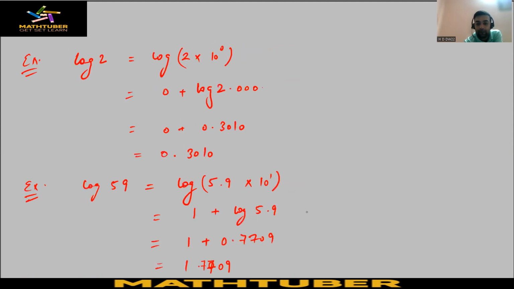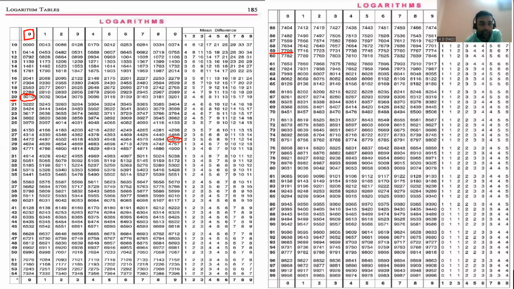So that was 17.43. So first find out 17. This is 17. Then on the fourth column, its value is 2405. And on the third column of the mean difference, it is 7.